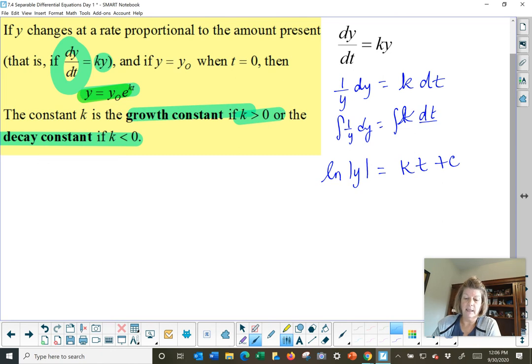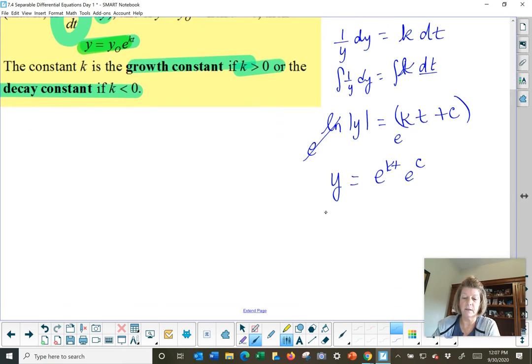And next, let's e both sides. And that gives me absolute value y equals e to the kt e to the c. If the powers were added, then the bases were the same.